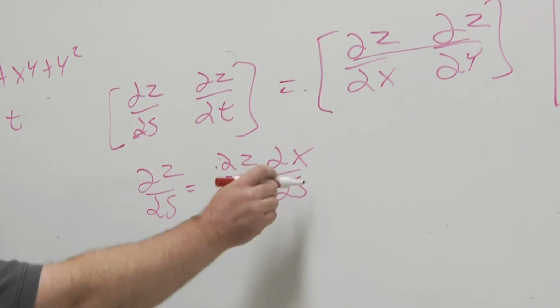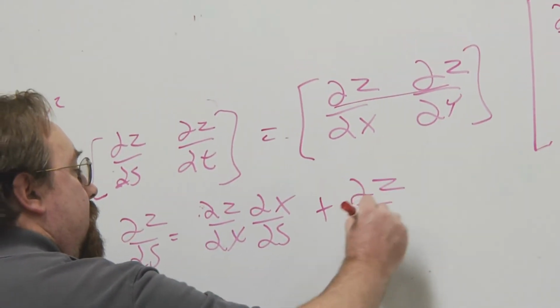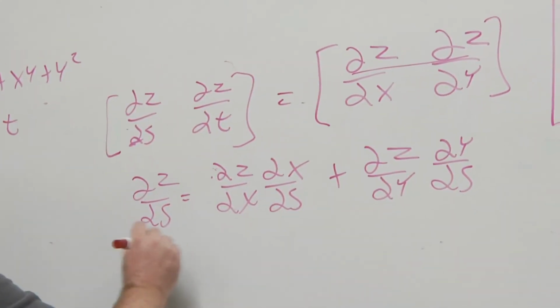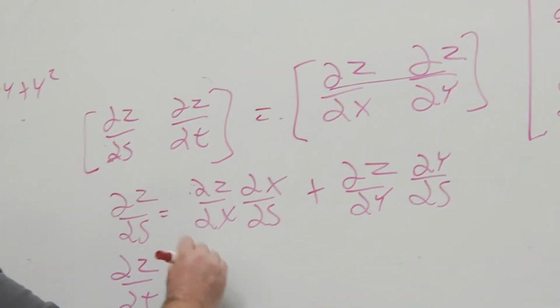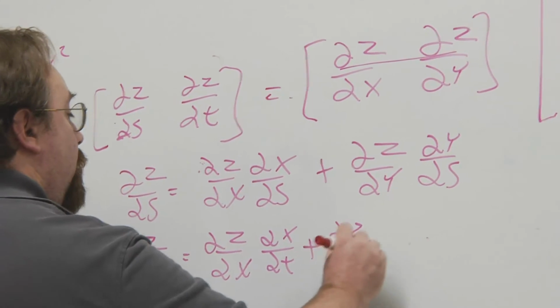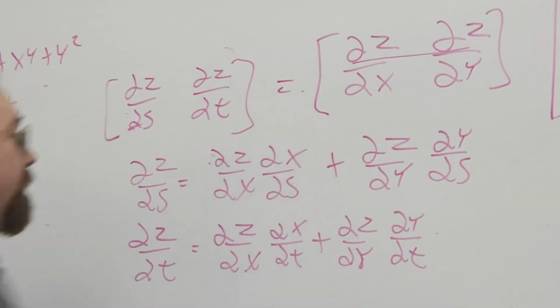Notice the x's, you can say they cancel in a sense. Plus dz dy, dy ds. And dz dt is dz dx, dx dt, plus dz dy, dy dt.